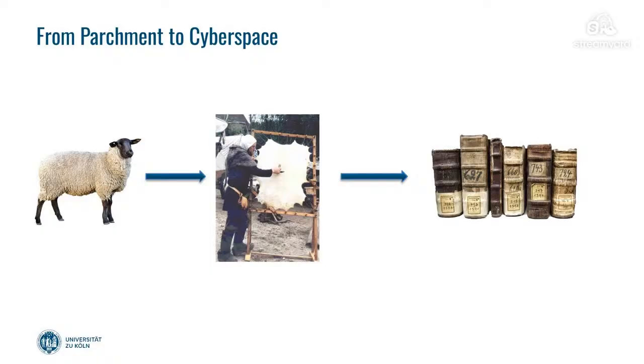So I'm not sure if everyone is familiar, but parchment is actually animal skin. And if we talk about parchment to cyberspace, we might want to look at the process of how a book is made. So we have the sheep or calf or other animals, goats. We make the material for the writing support, and then it's turned into book blocks and books that are bound.